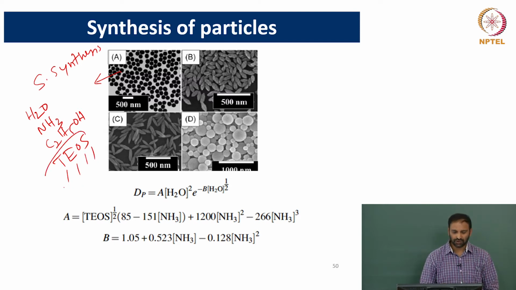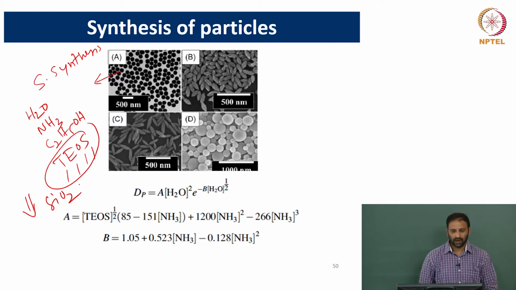That is the source of your Si in the particles. Ultimately I'm going to get SiO2 particles. And just by playing with the concentration of these reagents, I can actually produce particles of very different sizes.